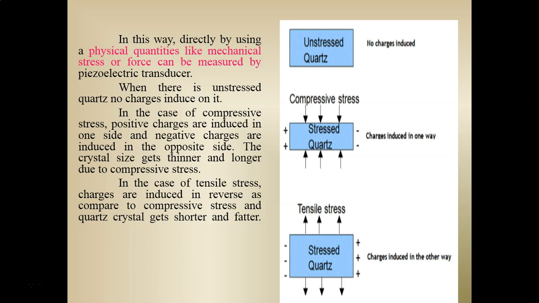In the case of compressive stress, positive charges are induced on one side and negative charges on the opposite side. The crystal gets thinner and longer due to compressive stress. In the case of tensile stress, charges are induced in reverse as compared to compressive stress, and the quartz crystal gets shorter and fatter.